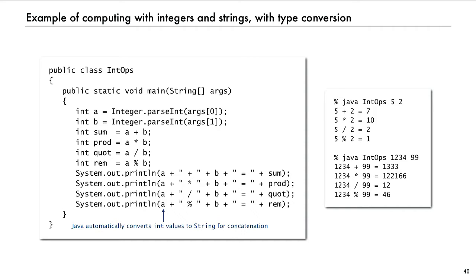So you get a little table defining the result of Java's computation for these operations. And this is a nice program to make sure that you understand what's going on in terms of type conversion and integer and string operations. That's just computing the remainder for you.